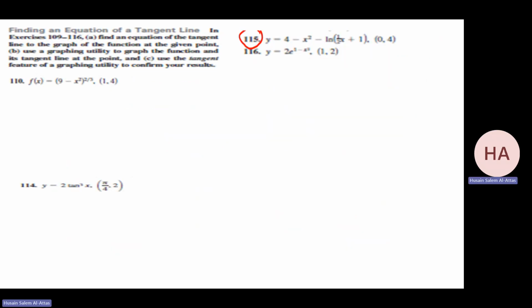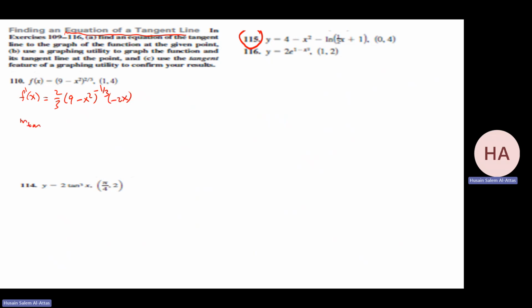Now find an equation of the tangent line. Not only finding the slope, but also find the equation. Now we need f prime in all cases. That will be 2 over 3 times 9 minus x squared to the power minus 1 over 3 times minus 2x.